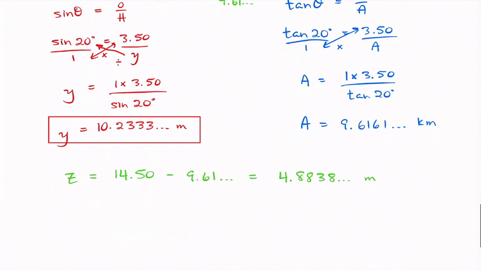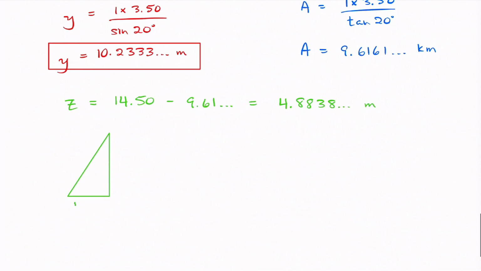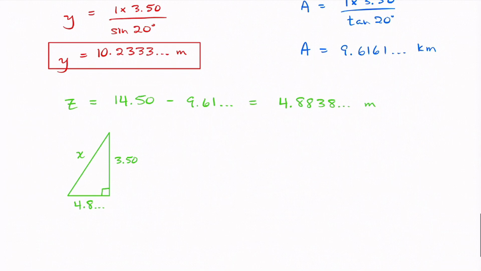Okay, so now that I have that, I'm just going to draw what that triangle looks like down here. So we just found this, it was that 4.8 number. This side we were given, it was the 3.50, and we want to find this side, it was X, and we want to find this angle, it is theta.